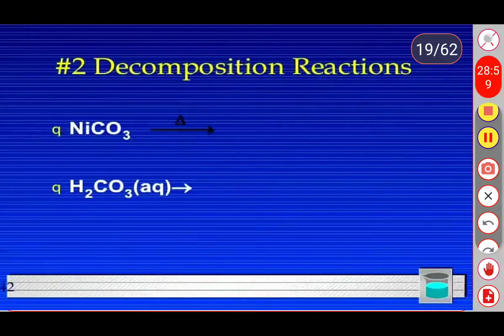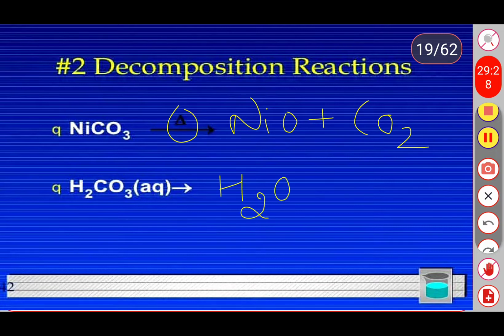In the presence of heat, nickel carbonate decomposes into nickel oxide, NiO, plus carbon dioxide. Next one, hydrogen carbonate. Hydrogen carbonate will be decomposed and forms water, H2O, plus carbon dioxide. So these are some examples of decomposition reaction.